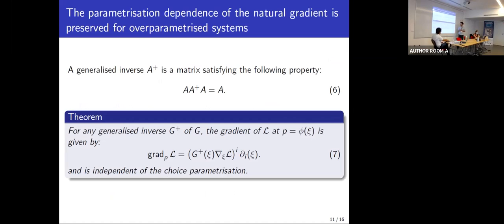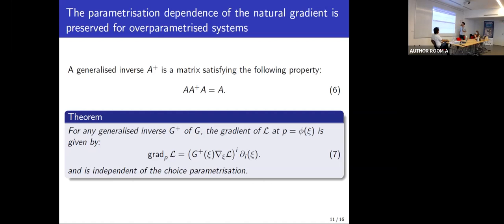What the theorem exactly says is that we give a definition of a generalized inverse, which is just a matrix that satisfies this equation.